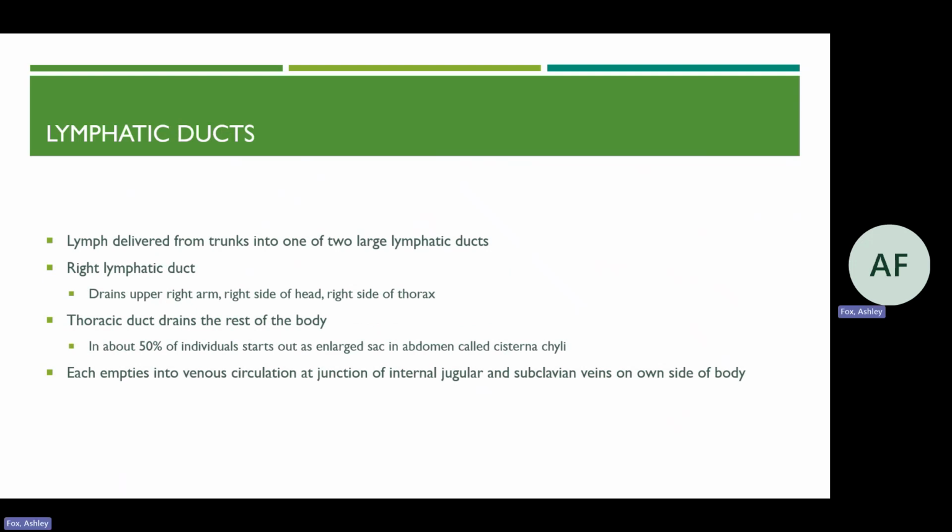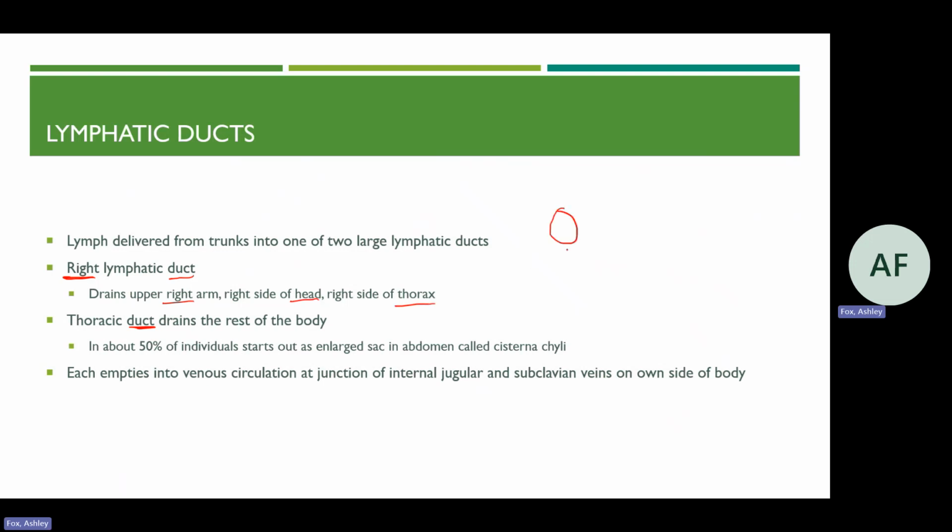So those collecting vessels are going to all drain into two ducts. These are the largest ones, the lymphatic ducts. They are going to drain specific areas. So the right lymphatic duct drains the upper right arm, the right side of the head, and the right side of the thorax.